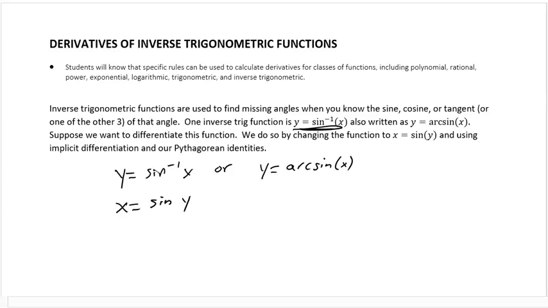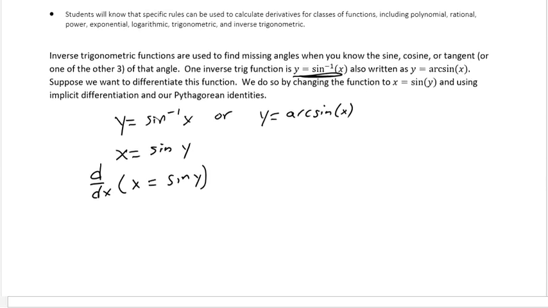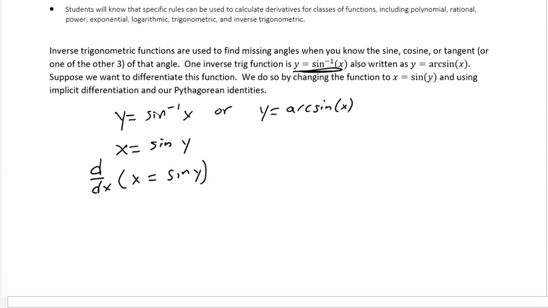So if we want to differentiate that, we have to differentiate using implicit differentiation. So the derivative of x is 1 equals, and the derivative of sine is cosine of y, tack on the y prime, and then solve by dividing both sides by cosine of y.